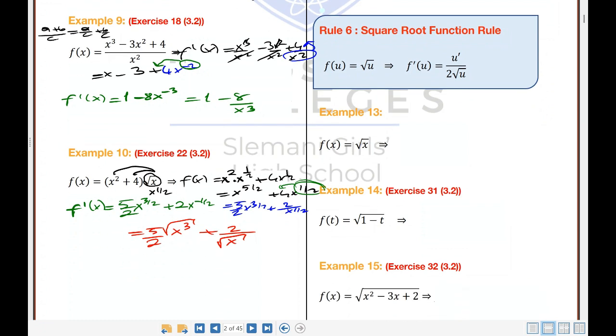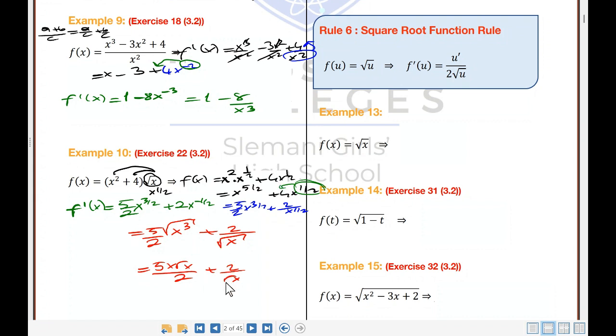And I can still rewrite it because I have x cubed inside, x squared can be taken out of the radical as x. So 5x square root of x over 2 plus 2 over square root of x.